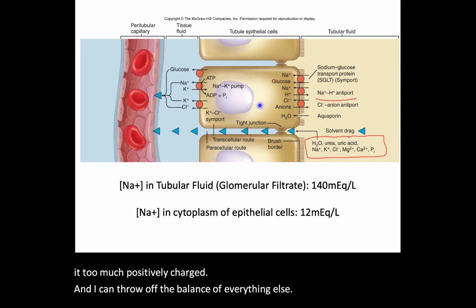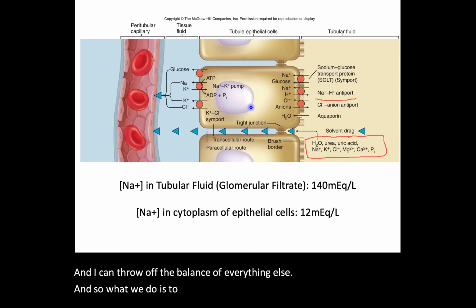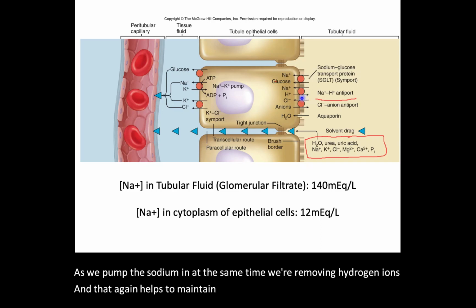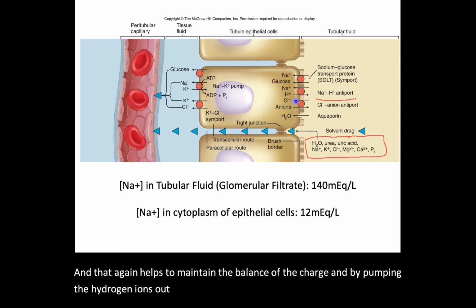And so to maintain the electrical charge of the cell as we pump the sodium in, at the same time, we're removing hydrogen ions. And that, again, helps to maintain the balance of the charge. And by pumping the hydrogen ions out, you're also helping to regulate pH balance inside of the cell. So that is your antiport.